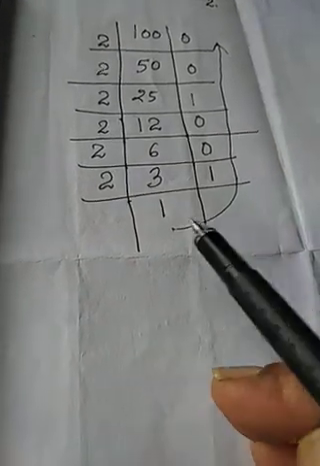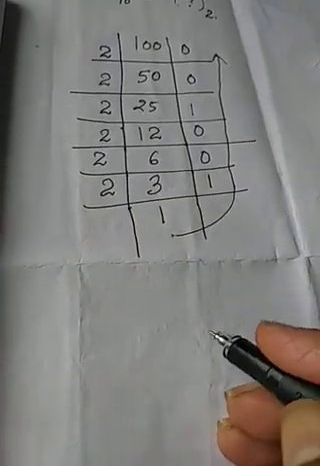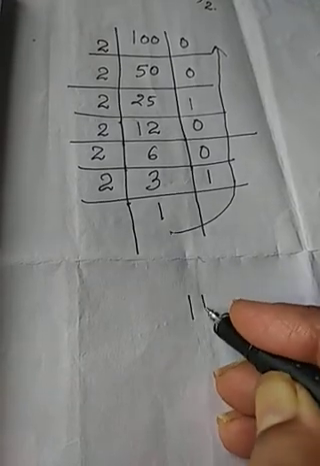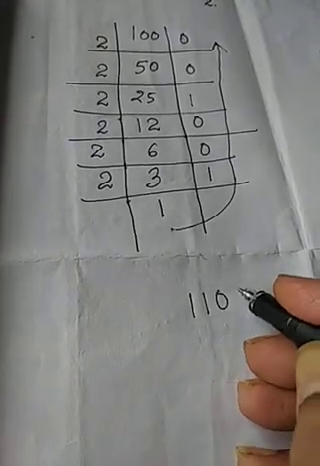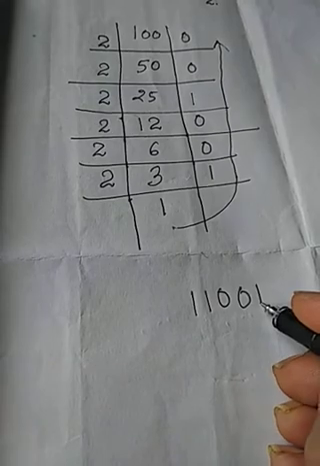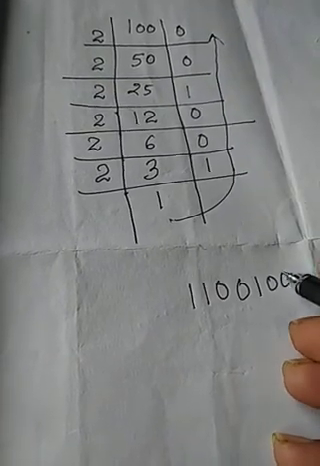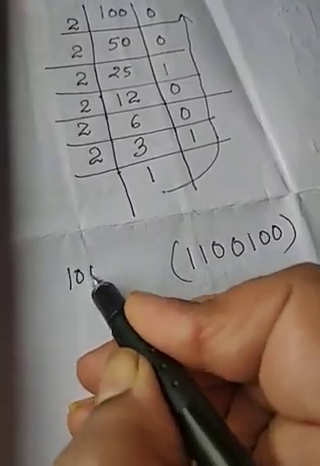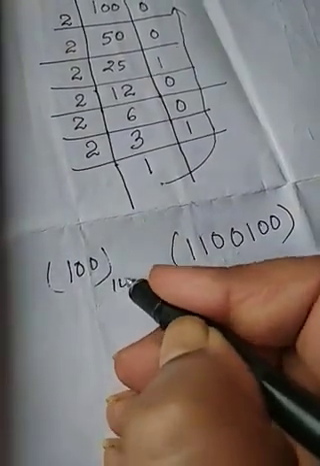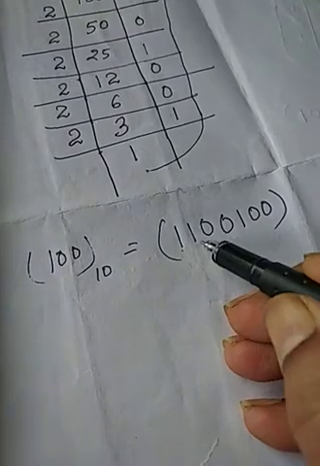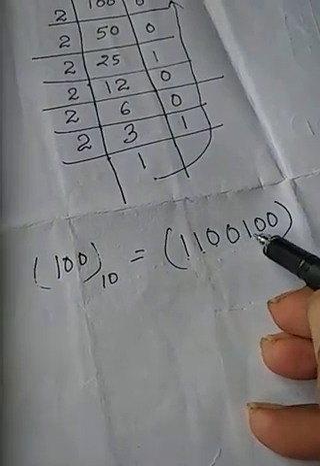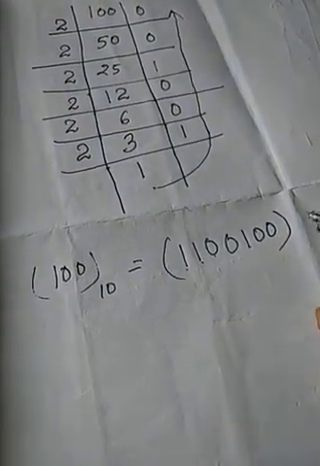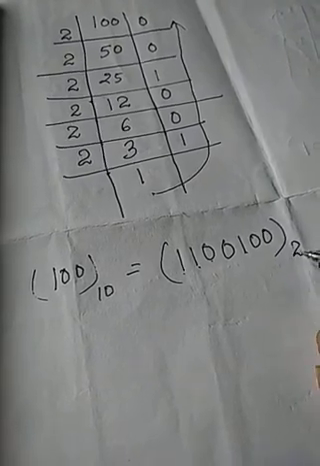So we'll write from the downside up. It will be 1, 1, 0, 0, 1, 0, 0. So the decimal 100 is equal to 1100100 in binary.